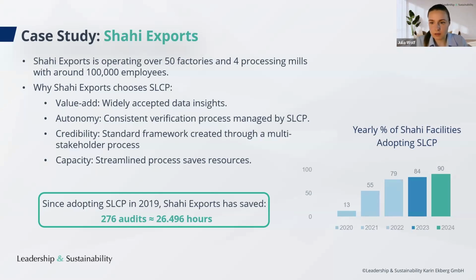And the credibility as well, because SLCP is a robust standard framework created through a multi-stakeholder process, so the data is customizable to various needs. And last but not least, it's the capacity, because the streamlined process just saves resources for them.